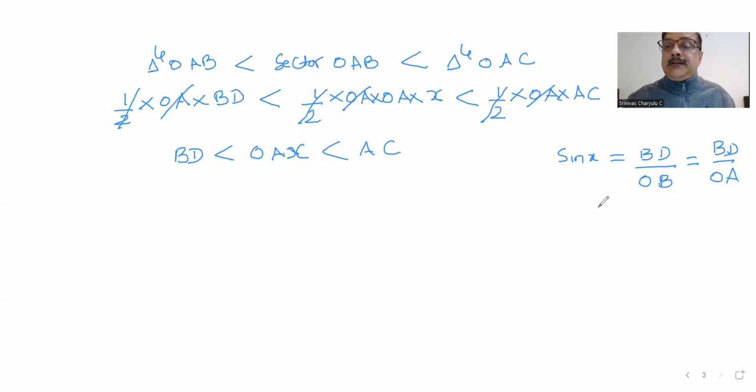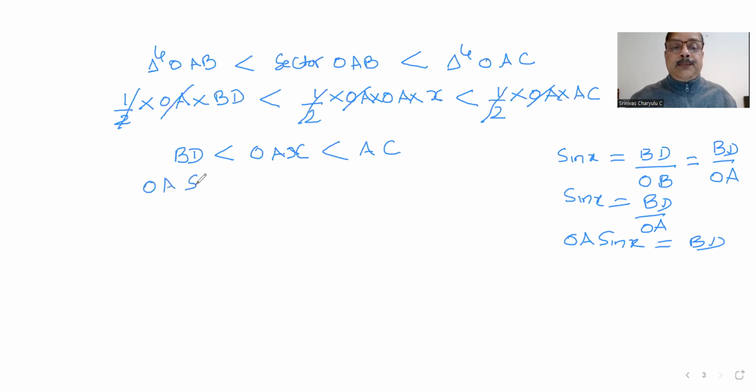So cross multiplication will give me sin X is equal to BD by OA. Then OA sin X will become BD. So I write here OA sin X less than OA X, this one AC.